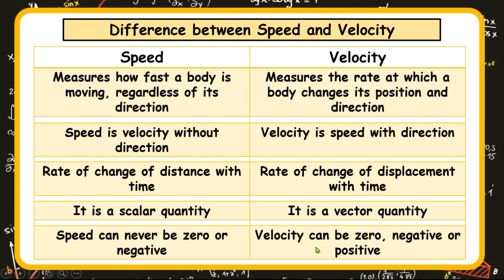But when the body is not changing its position, remember, velocity is displacement over time, and displacement simply means change of position. And so if a body does not change its position, it is at where it is, and so its displacement is zero. So these are the differences between speed and velocity.